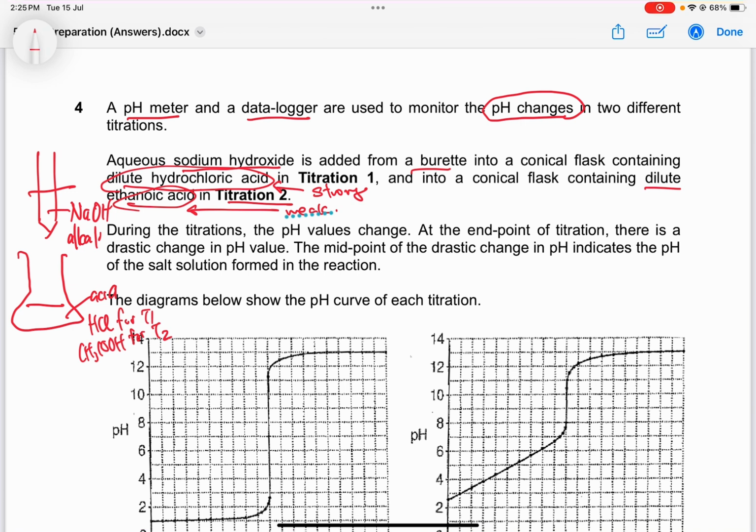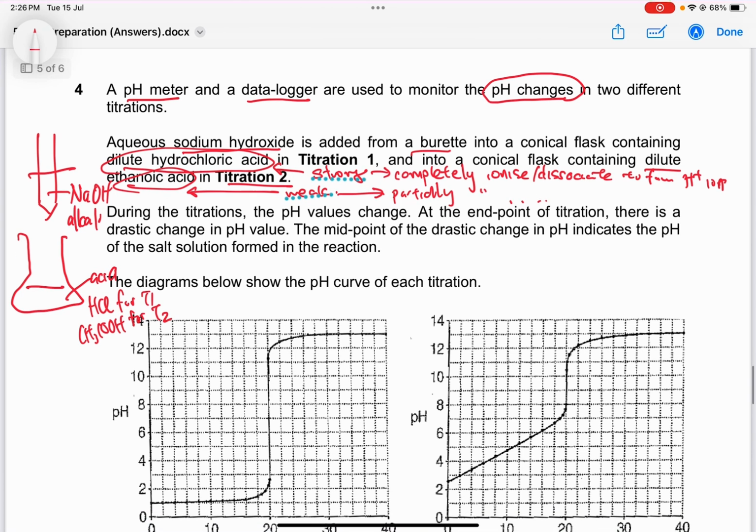It's the whole idea about completely ionizing or dissociating to form H plus ions, whereas a weak acid is partially ionized. So strong is completely, weak is partially ionized. Both will form H plus. One will completely ionize or dissociate, the other one, the weak one, only partially. So the words completely and partially are your keywords.